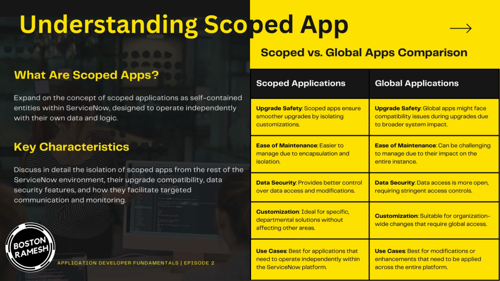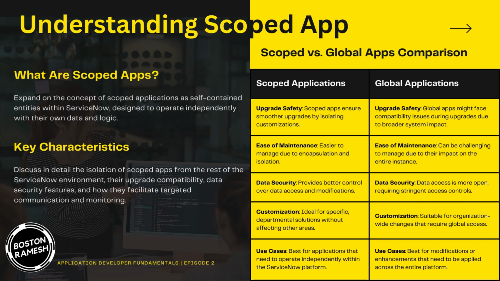And then we have high data security because we provide restrictions to read data or update data in a scoped application, because we put ACLs and permissions. Who can read, who can see, who can write in the scoped application.